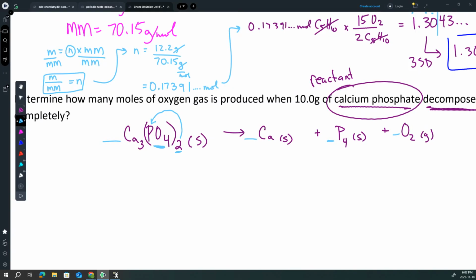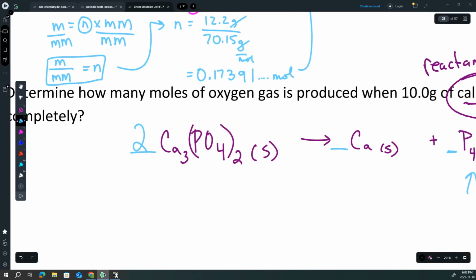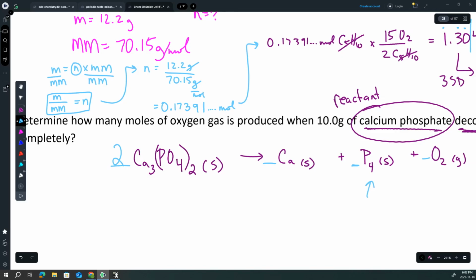So I have 2 phosphoruses on the reactant side. Okay, and I got 4 coming out. So I'm going to go 2. So what's going to happen is I'm going 2 times the 2 phosphates here. Okay, so I got 4 coming in, 4 coming out.